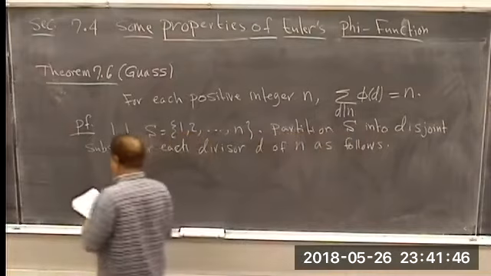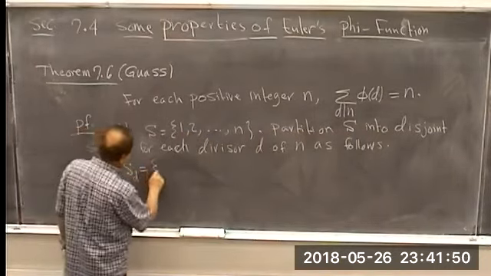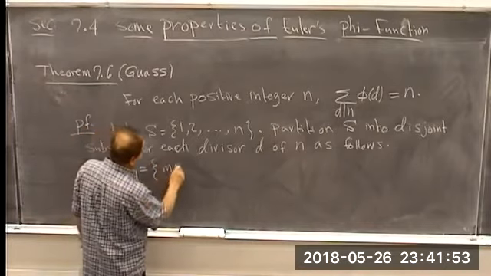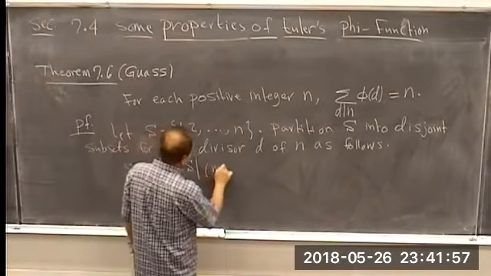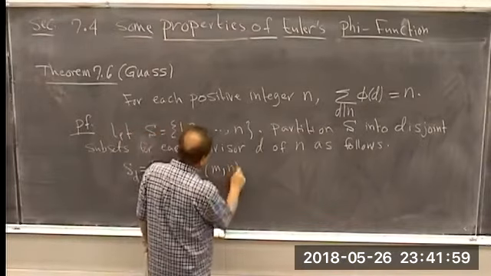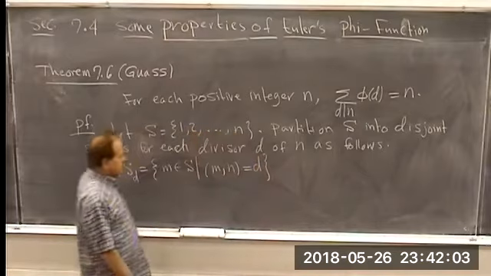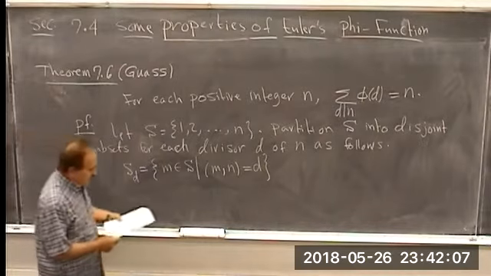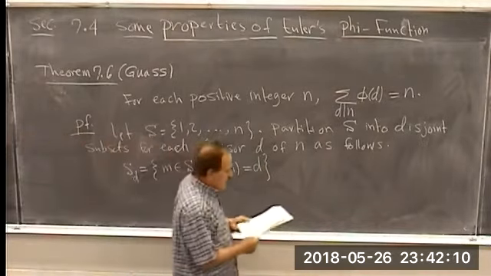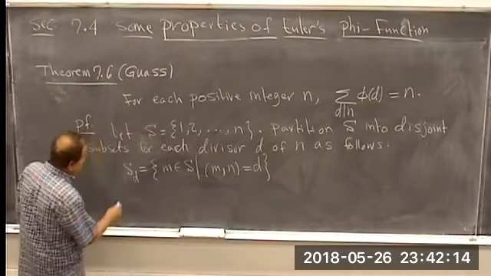We're going to define S sub d to be the integers m in S such that gcd(m, n) is equal to d. All right. Now, remember that the sets are disjoint.